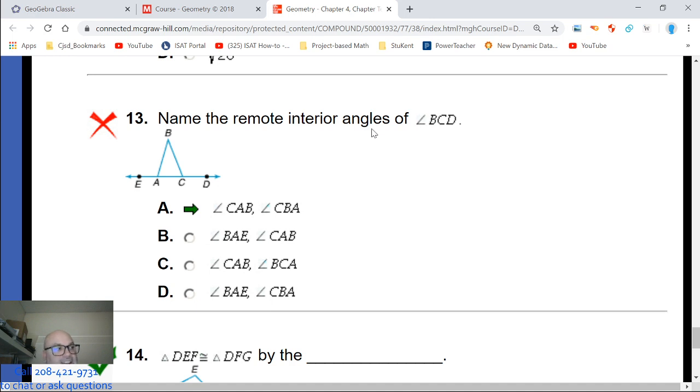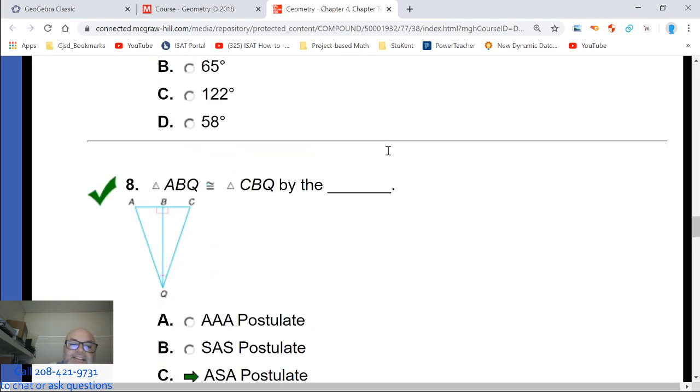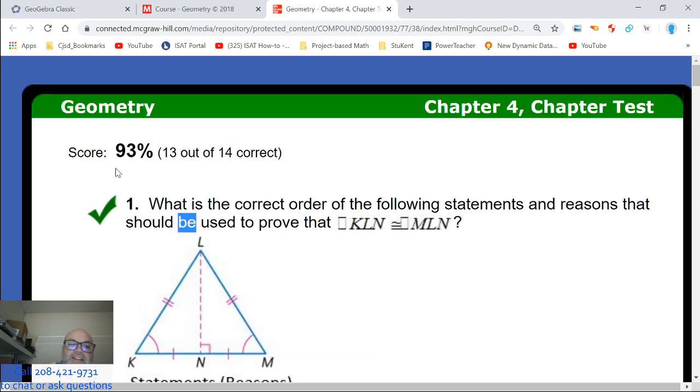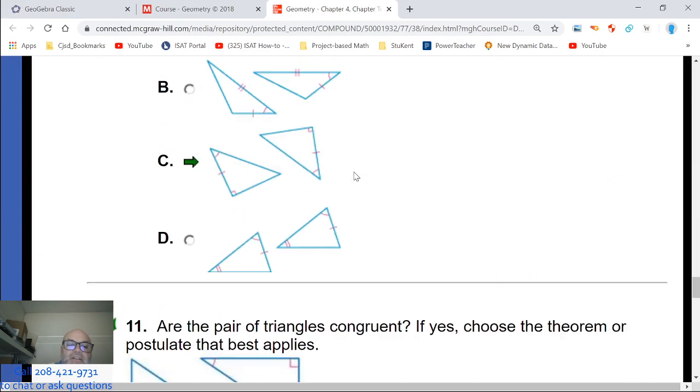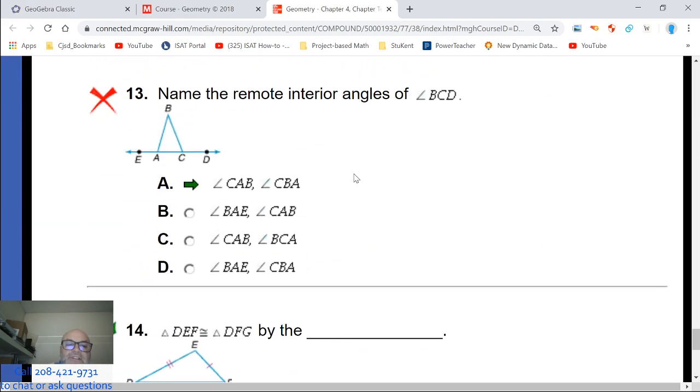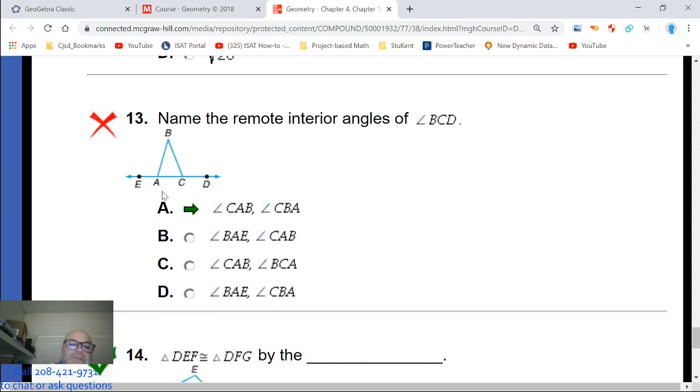The practice standard talks about being attentive to details. And that means don't be sloppy in your work, right? Don't be sloppy. Here I am, I'm not getting 100 on my test. I should have got 100 on this. I got a 93. Why did I not get 100? Well, it's not because I didn't know the answer. It's not because I didn't do the work. It's because I got sloppy with my details and I didn't even mark the answer that I knew was correct. I marked it on my drawing paper.